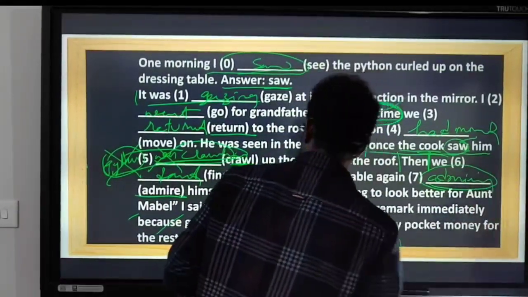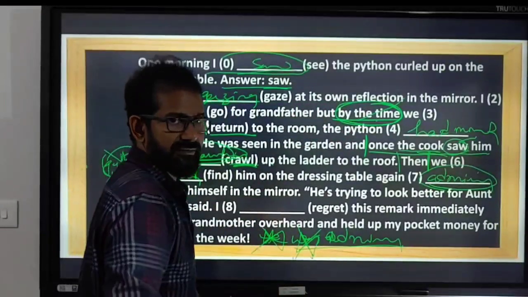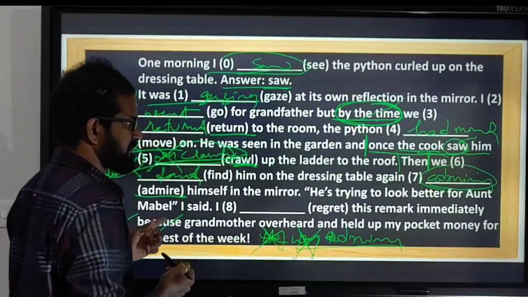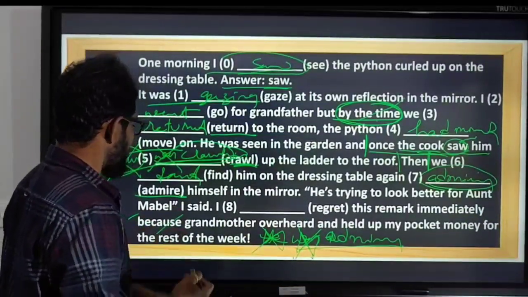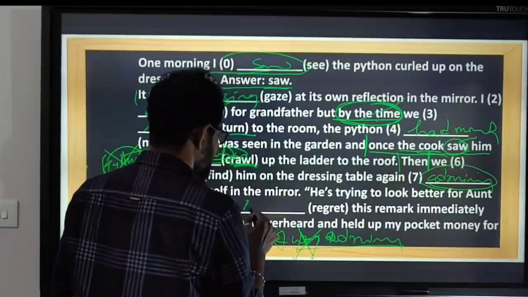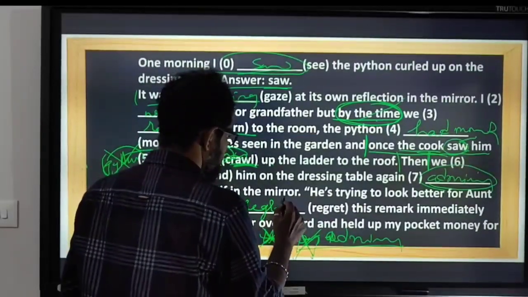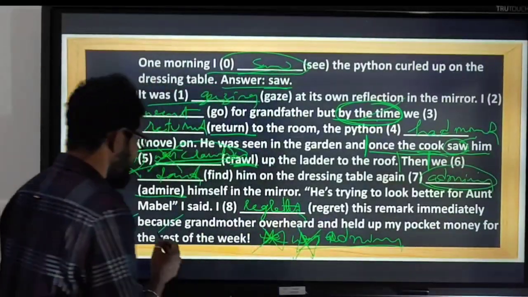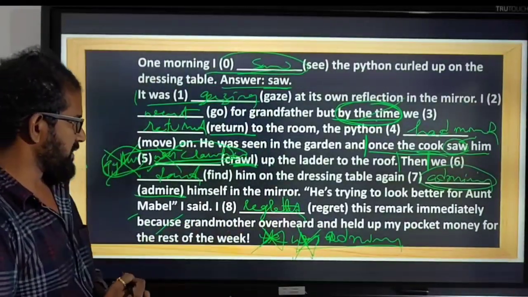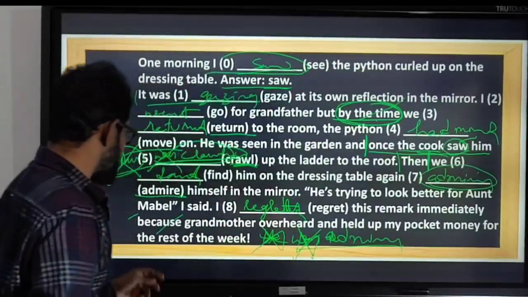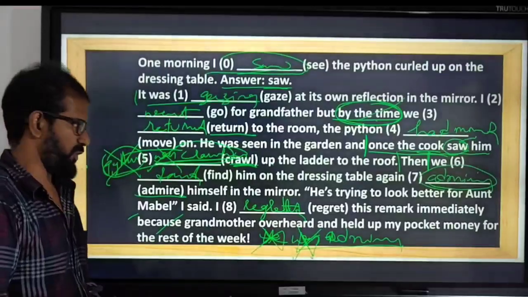Admiring himself in the mirror. He's trying to look better for Aunt Mabel, I said. I regretted this remark immediately because grandmother overheard and held up my pocket money for the rest of the week.